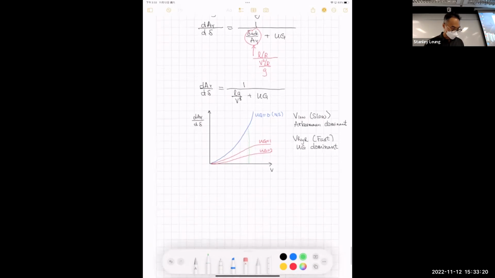If I have a fixed speed and I reverse my equation, L G over V squared.